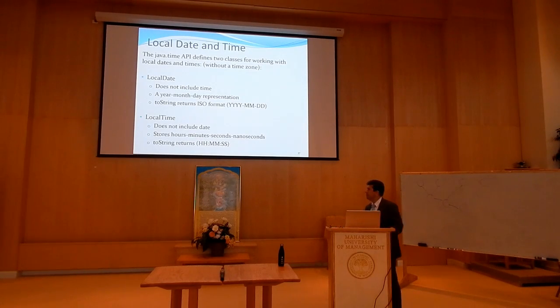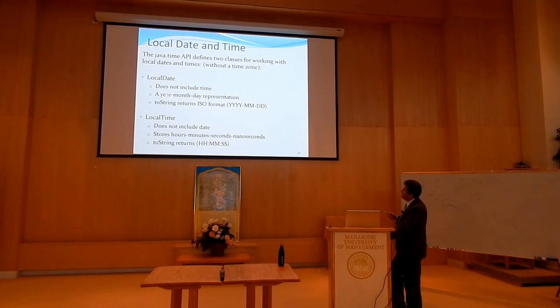Okay, let's look at some of the simplest classes that are here, and I'm going to wrap up in just a few minutes. Two of the most useful ones are local date and local time. Local date doesn't include time; it's only date. It's basically a year, month, day representation.